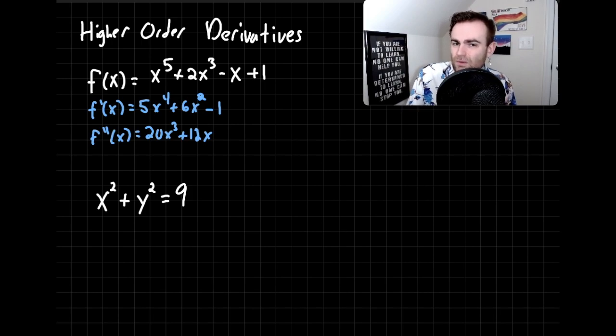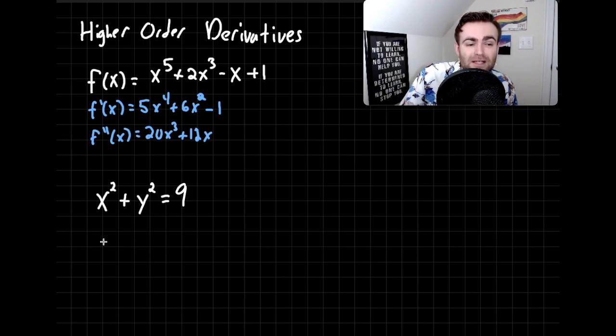Now, where it gets a little bit weird is when we have implicitly defined functions or implicitly defined relationships. Right here I have the equation of a circle centered around the origin with a radius of 9. Let's find the double derivative of this.